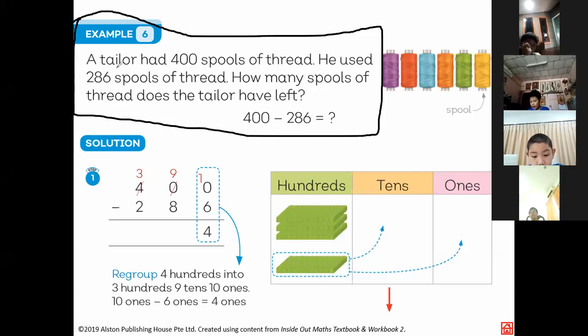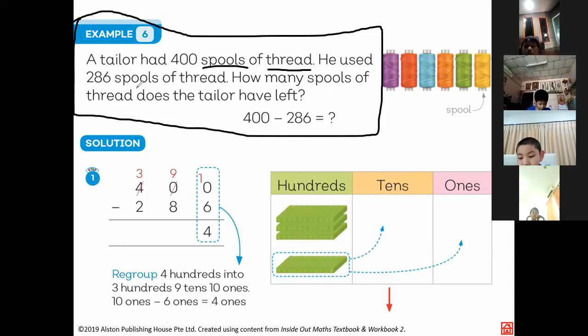A tailor A tailor had 400 spools. Spools. Of of thread. thread. Okay.